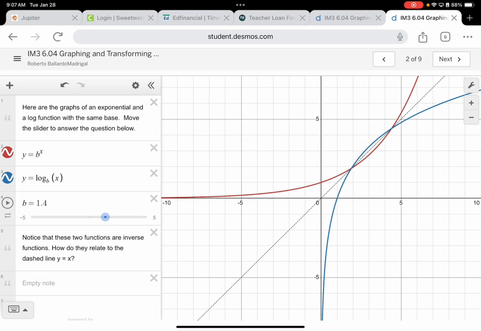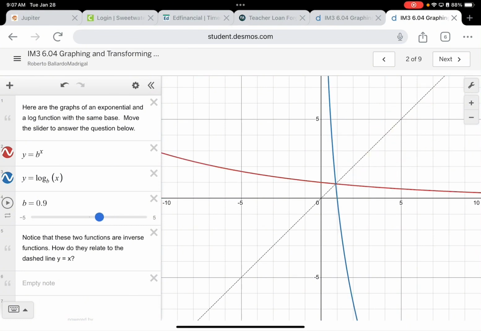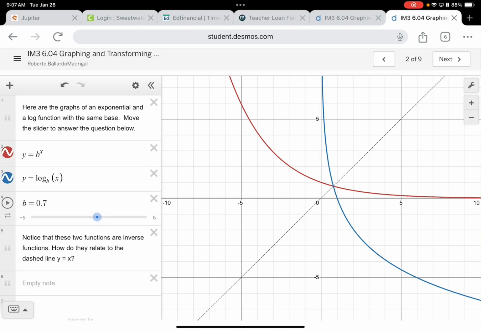And then watch what happens when I make these a number less than 1. Now what's happening with the direction? Did they switch direction, or are they still going in the same direction? Think about if they're increasing or decreasing. This is the easiest way to tell if something is increasing or decreasing. Use the stickman method. You draw a stickman, and then you ask yourself, is the stickman going up or down?